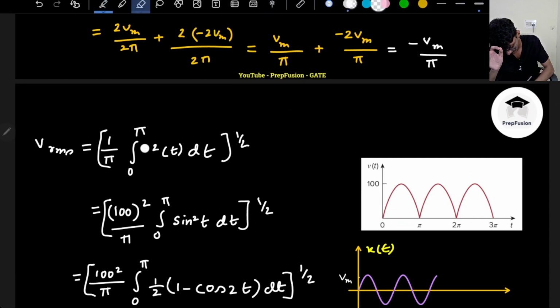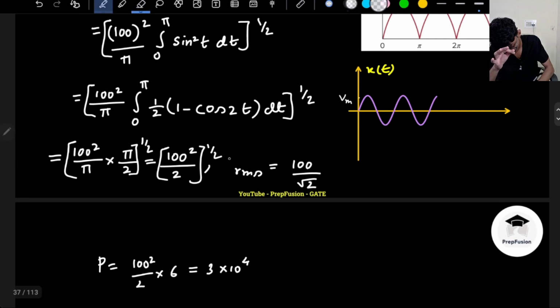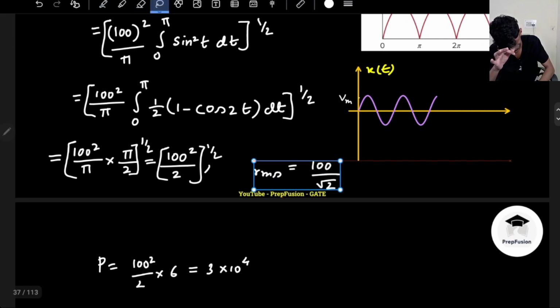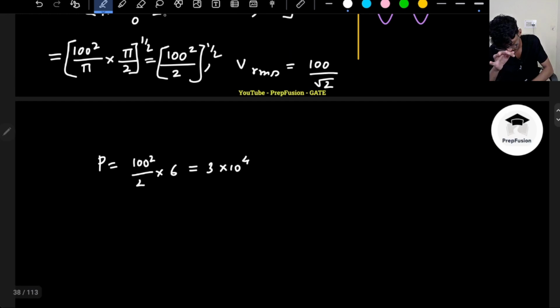So this is not IRMS, this is VRMS. For VRMS, what is the formula? It is simply V square by R, VRMS whole square by R. That is the formula for power. So what will come here?